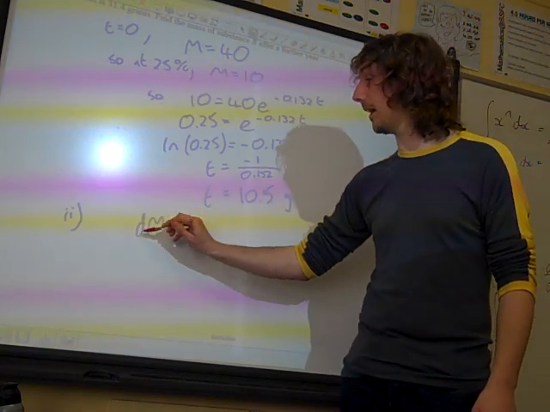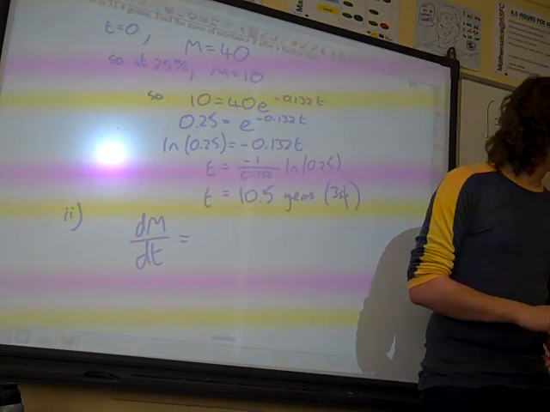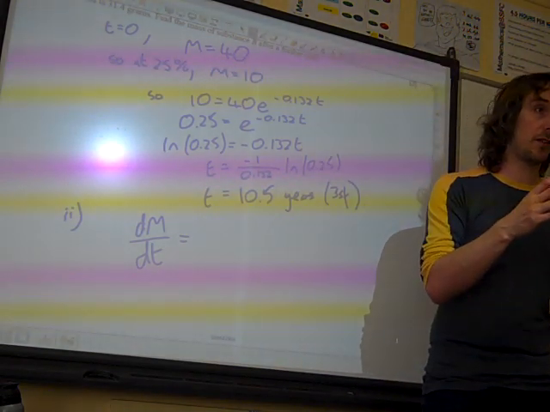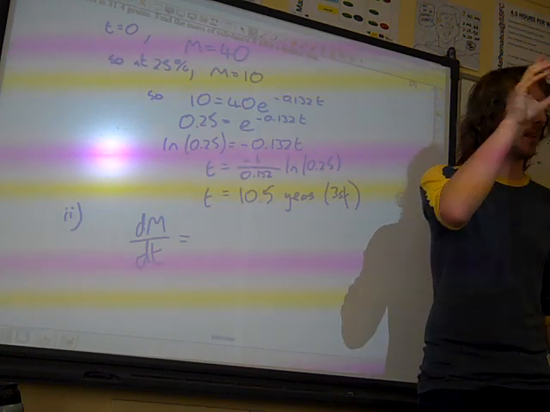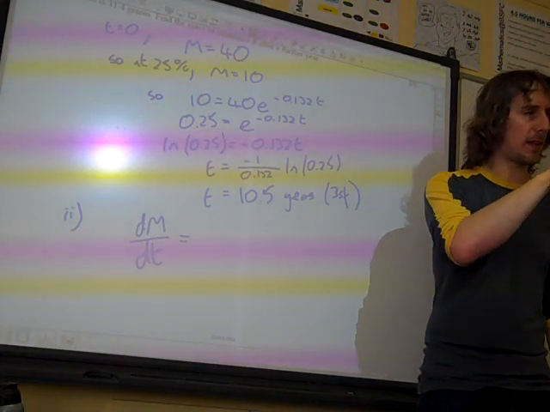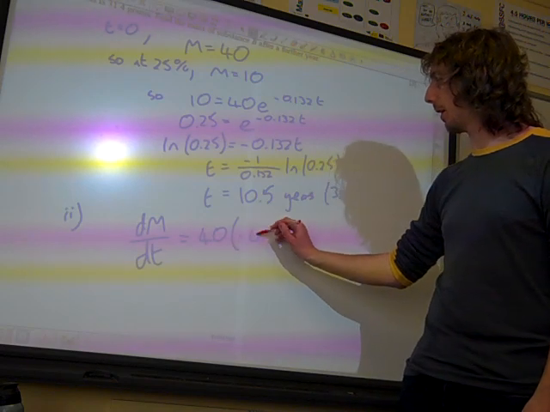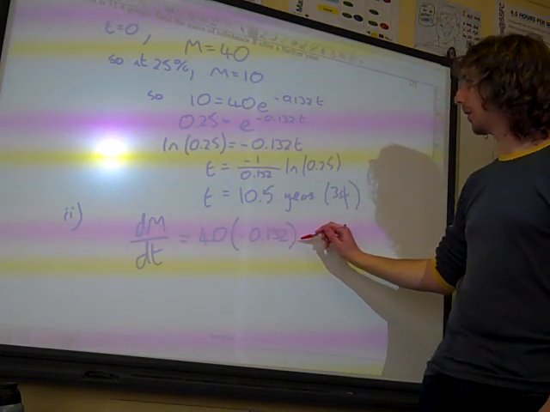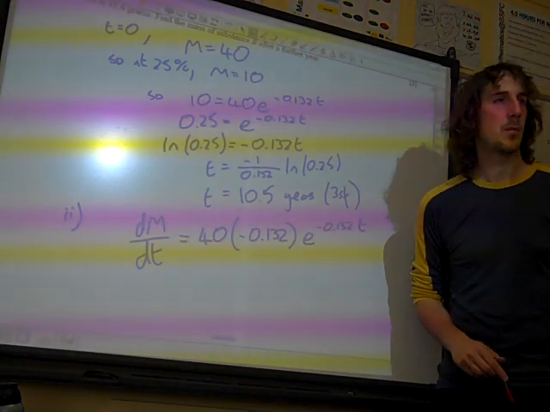So dm by dt. Remember, you can think of this as the chain rule if you want to, or you can think of the standard derivative of e to the ax plus b, and you multiply by the a, wouldn't you? So this becomes 40 lots of minus 0.132 e to the minus 0.132t.